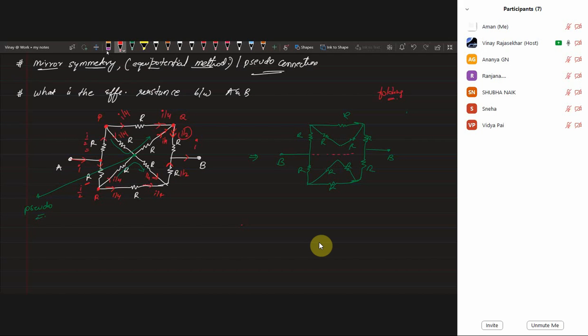For example, we have to calculate the effective resistance between A and B. You have to fold along the line perpendicular to AB. That is called the lateral method also.